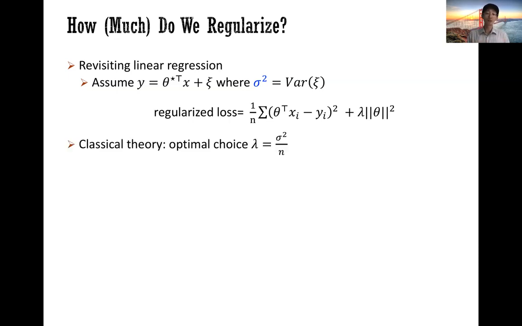And the classical learning theory will tell you that the optimal choice of lambda should be on the order of sigma squared over n, where sigma squared is the variance of the noise and n is the number of examples. The point here is that you want to regularize more if you have more noisy labels in your dataset, and you want to regularize less if you have more data points.